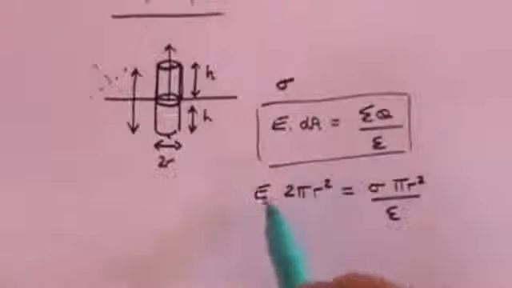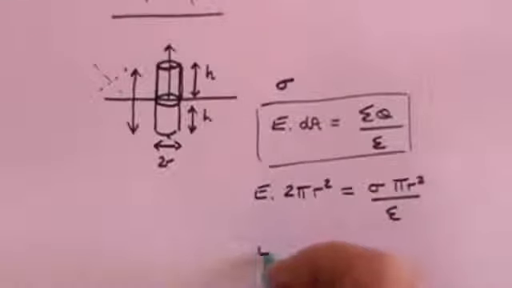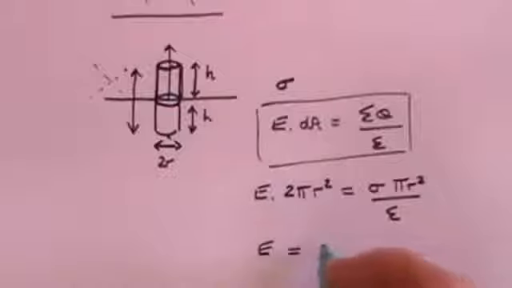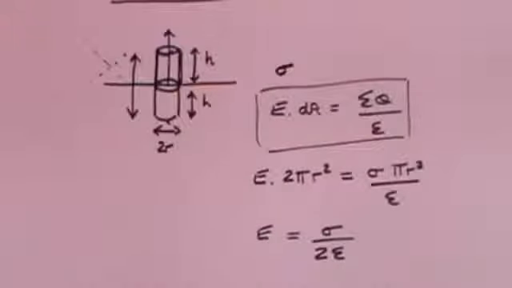Well, if you now divide both sides by pi r squared, you will get that E is equal to sigma over 2 epsilon. And that's a rather interesting result, because it tells you that the field anywhere above or below the plate is going to be equal to sigma divided by 2 epsilon.